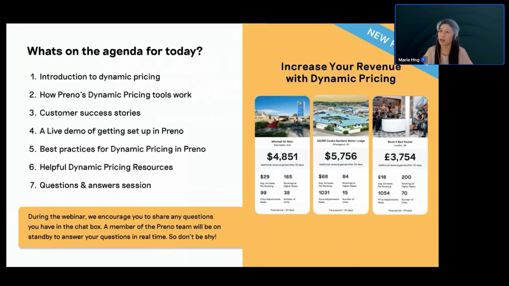I'll go through a live demo as well of how to set the dynamic pricing up in Preno, and we'll touch on best practices for how to set this up, and also link you through to some of the resources that we have, and then we'll jump into our Q&A session.